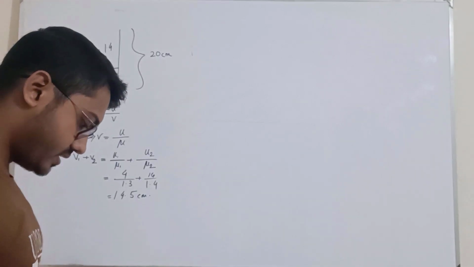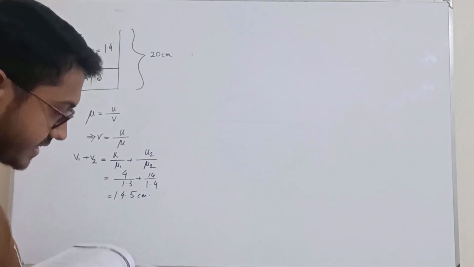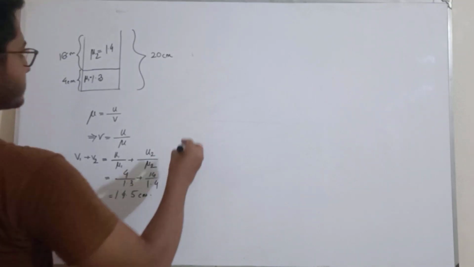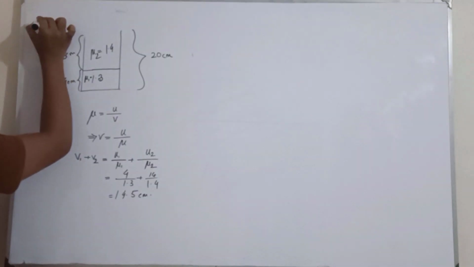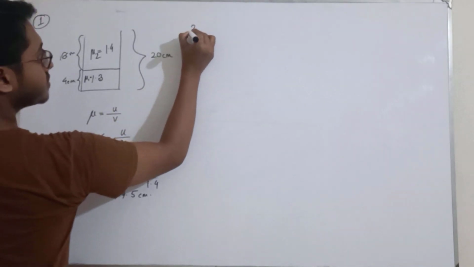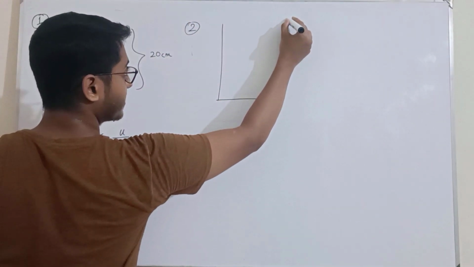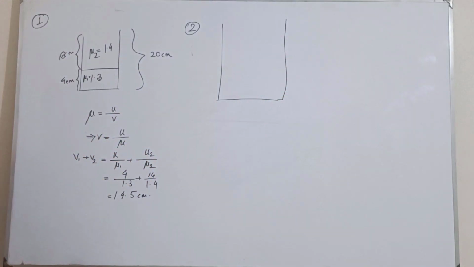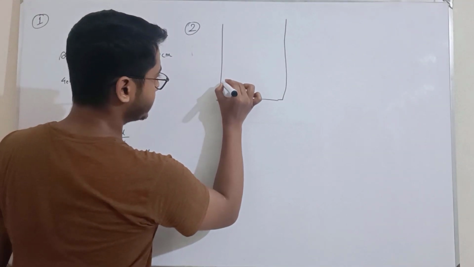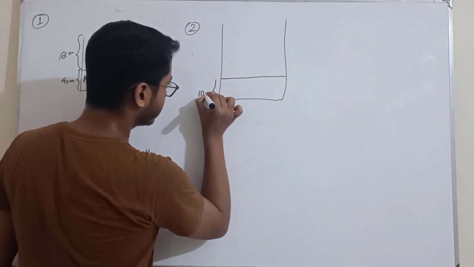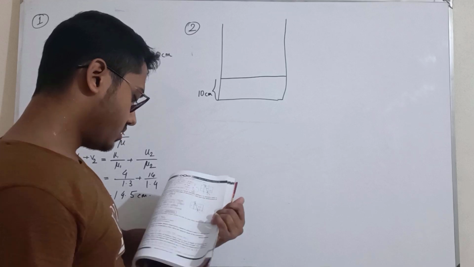Okay, now see another math. In a container, there is a plate of thickness 10 centimeter. Suppose this is another container, and we have a plate of thickness 10 centimeter.